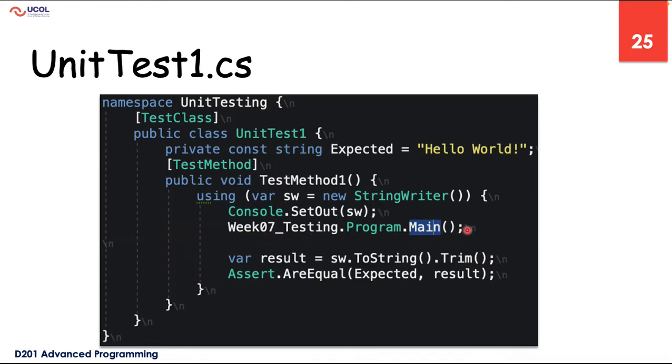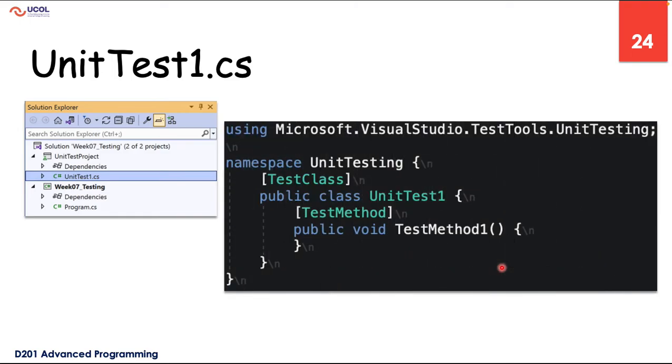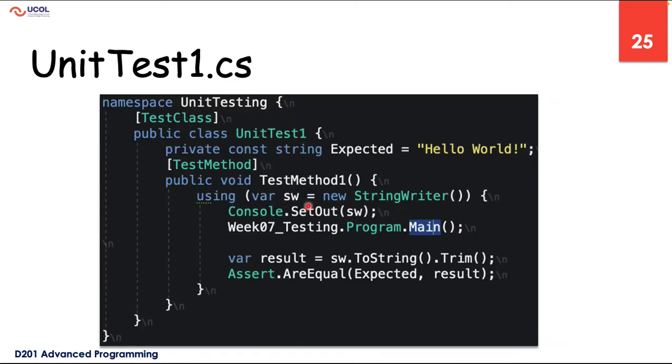So we are running that method. If we go back, we have that console and it writes something on the console. Now this line will not be printed on the command line, rather it is going to be printed on the string writer. So the string writer catches that output from the console, and now we say that variable result is equal to, again we can also have a string, right?